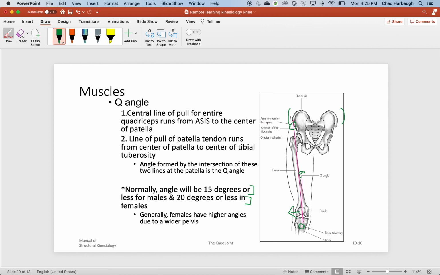Quadriceps tightness can put excessive pressure on the patella. We usually call this patellar compression syndrome. With overdeveloped quadriceps, we know that the rectus femoris, vastus medialis, and vastus lateralis all connect into the tibial tuberosity.